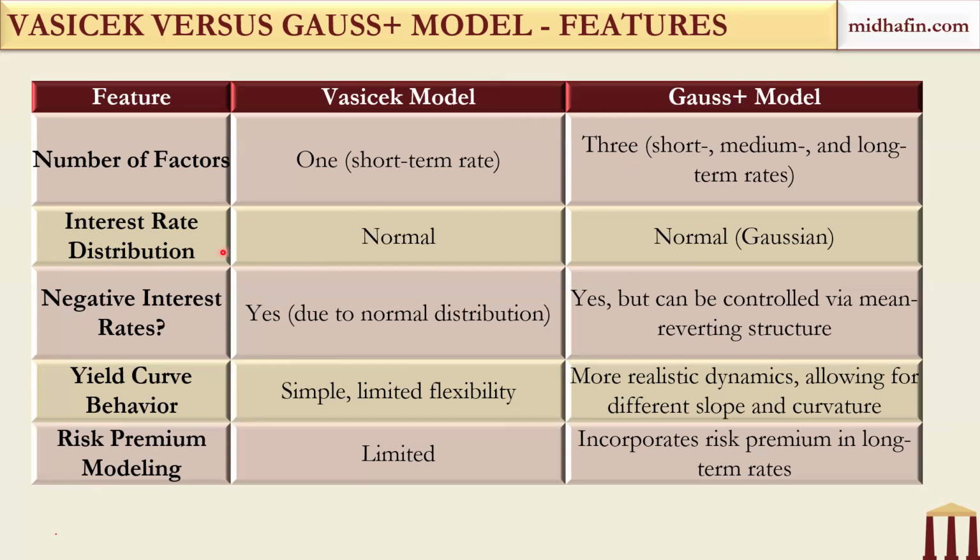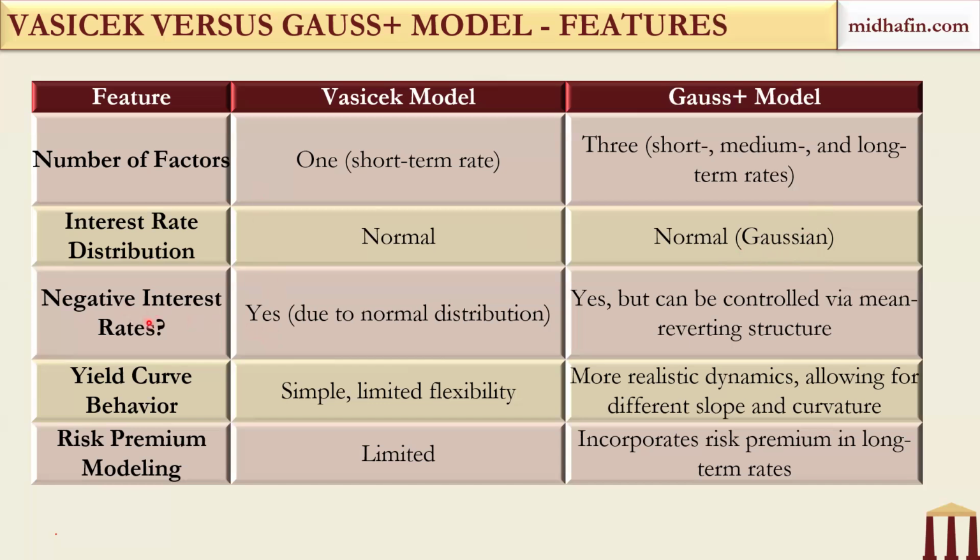Then distribution. Both the models, here we have similarities also. Both Vasicek as well as the Gauss plus model assume a normal distribution of interest rates. The distribution is the same, but since it's called the Gauss plus model, I have mentioned Gaussian in the bracket over here, which automatically implies that the change in rates follows a Gaussian curve with predictable kind of variations.